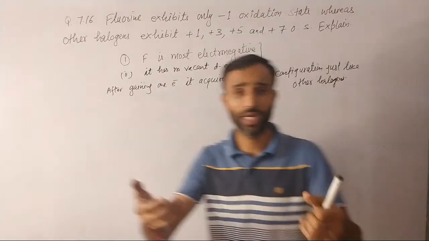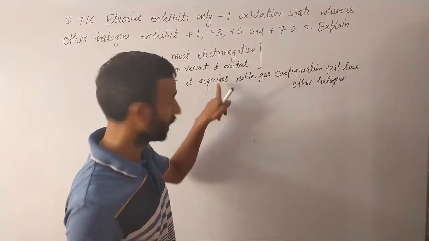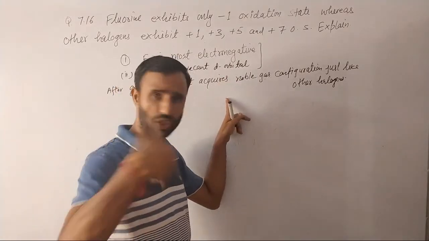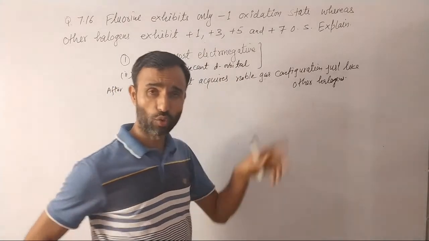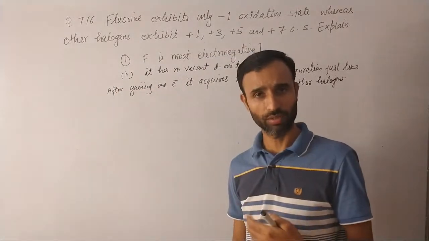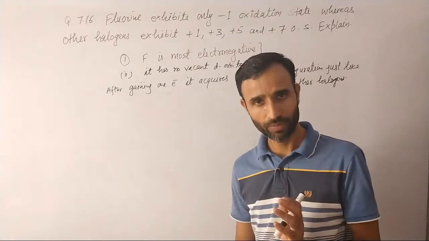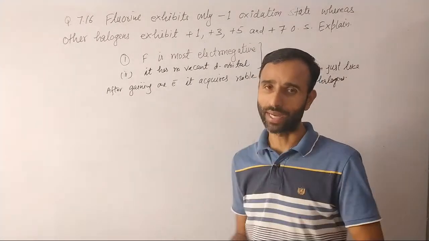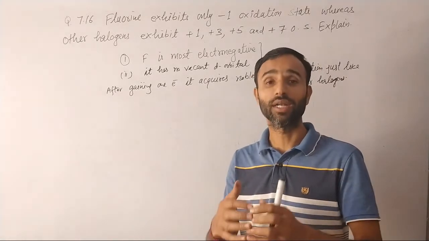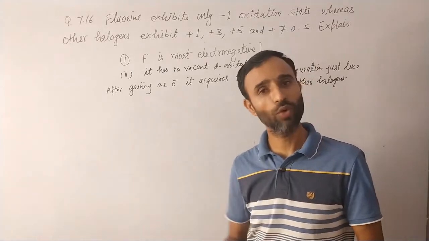Because if it forms a bond, obviously it gains one electron, so it can share with another element. When it shares an electron, whichever element is attached to it should be less electronegative than fluorine. That's why fluorine has -1 oxidation state and the element attached to it has +1.